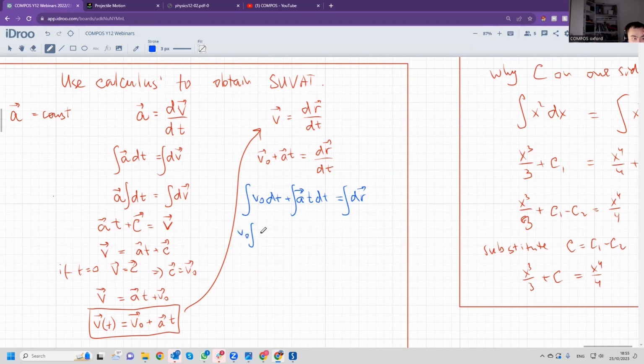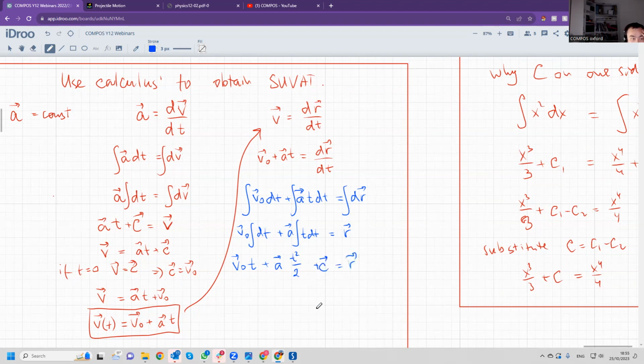And a doesn't depend on time either. So it's v0 times the integral of dt, plus a times the integral of t dt, and this one is dr. So it's going to be r equals v0 t plus a multiplied by t squared over 2, plus c.